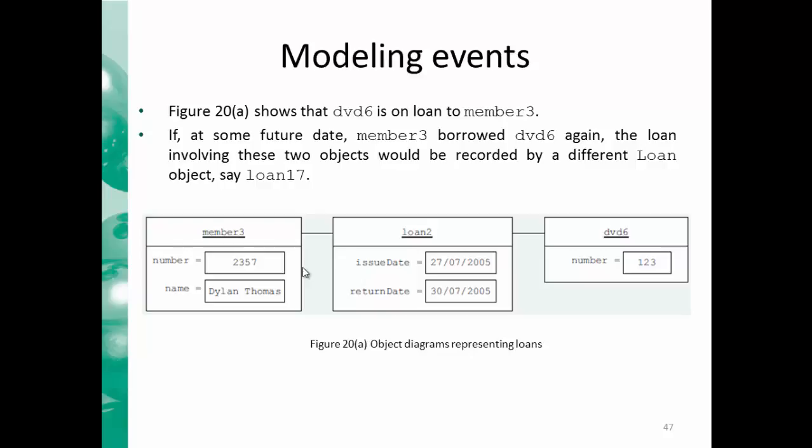And as you can see in the object diagram, the object in the middle, loan 2, needs extra information about the loan, like issue date and return date. As we mentioned earlier, if we need additional information, then we have to represent it as a class, and that's what we have done in the DVD library system. We represent the loan as a class in the system because additional information is needed.